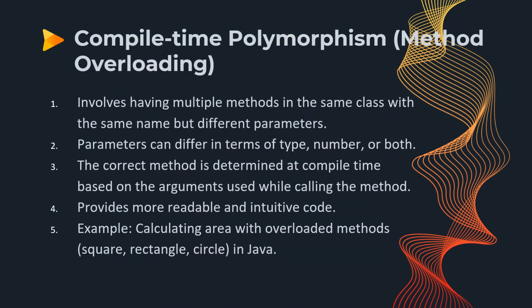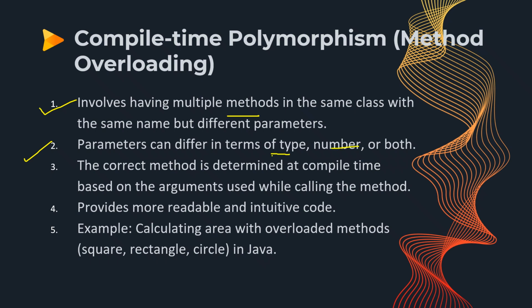Then we are going to see compile time polymorphism, or method overloading, in detail. It involves having multiple methods in the same class with the same name but different parameters. This is a very important line, you have to understand this. Parameters can differ in terms of type, number, or both.